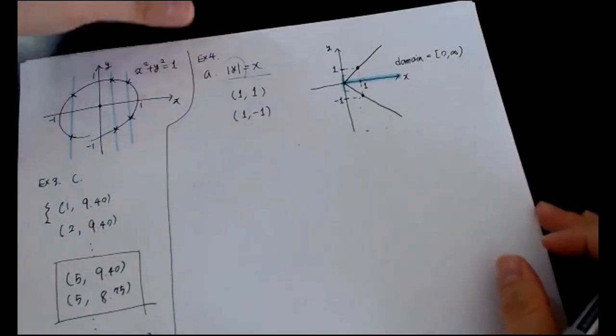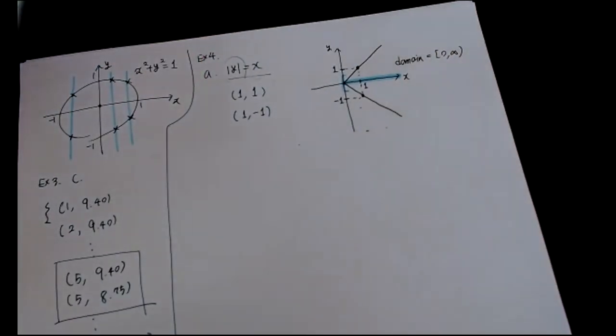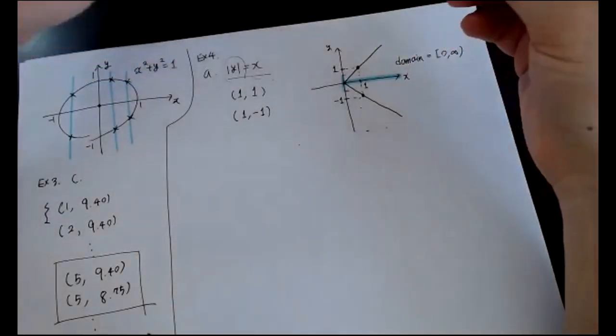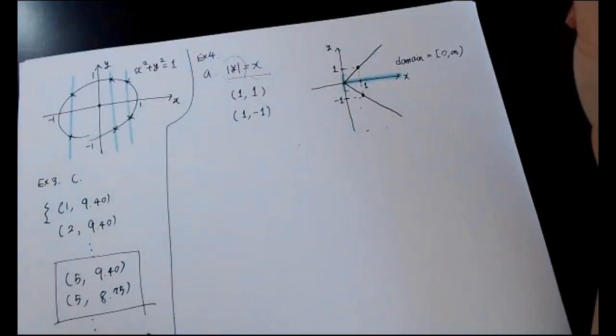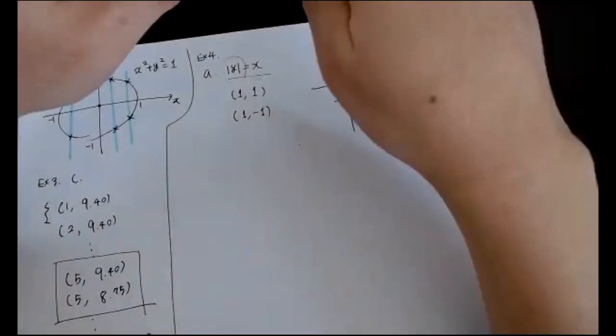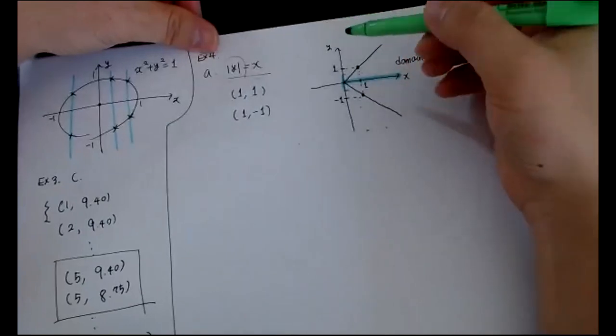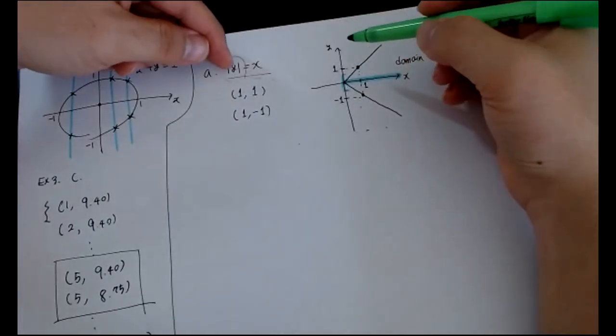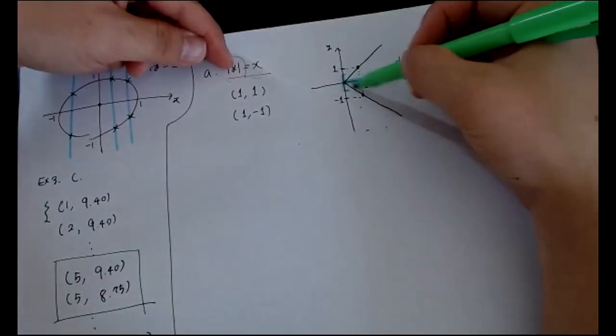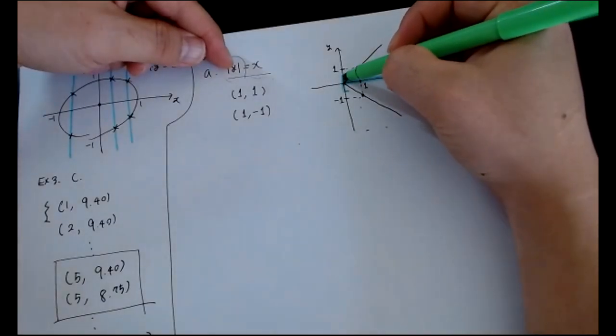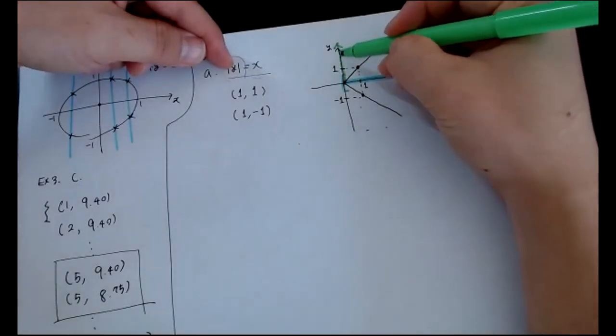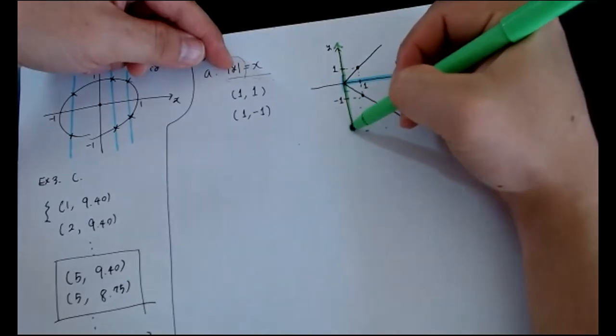Then what about the range? The range is the set of all the y coordinates, right? Let me use another highlight. As you can see in the graph, y can be any positive number or any negative real number, right?